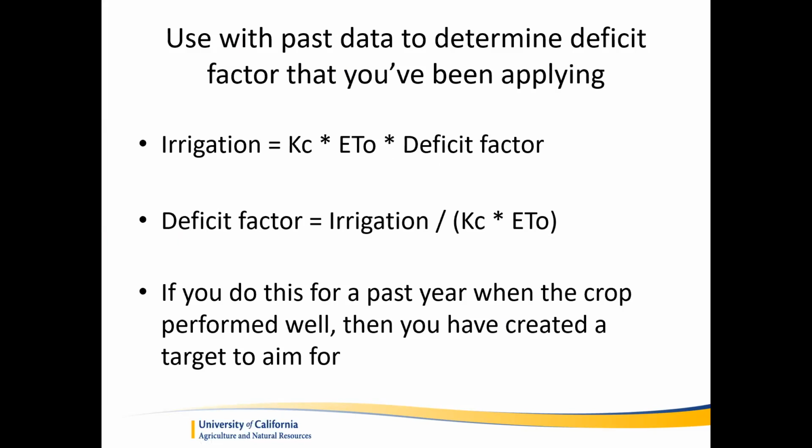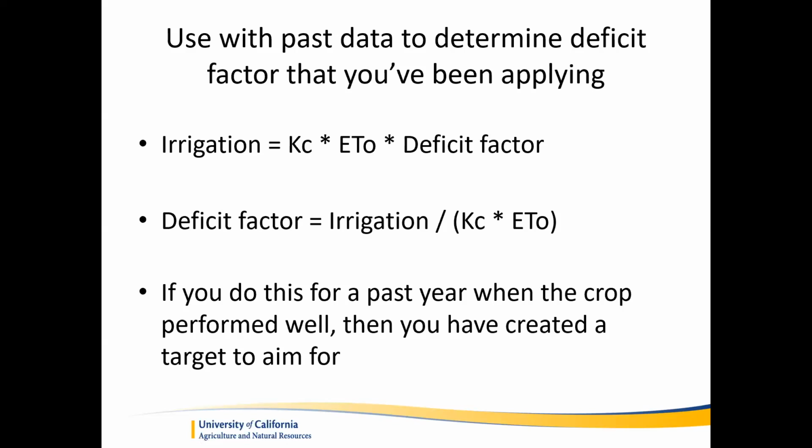If we just simply rearrange this equation, like I have here in the second row, where now we're solving for the deficit factor, you can do this for a year in the past when you thought your crop, let's say a vineyard, really performed well, and that's what you're trying to duplicate now in the future.